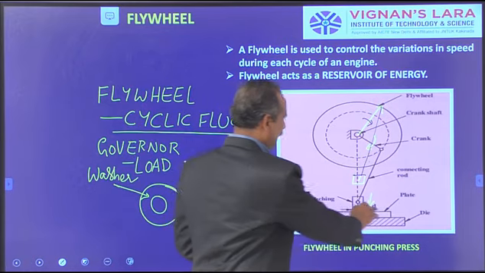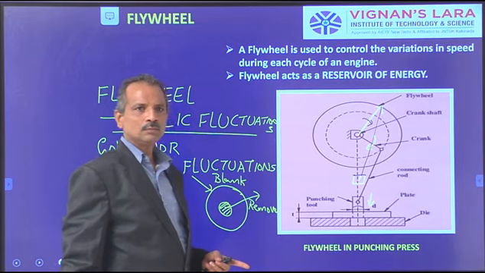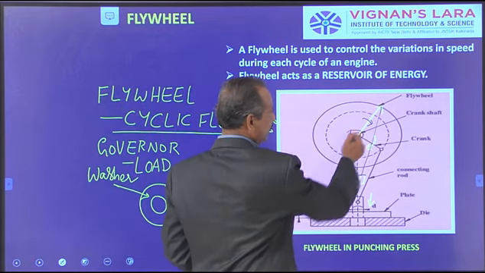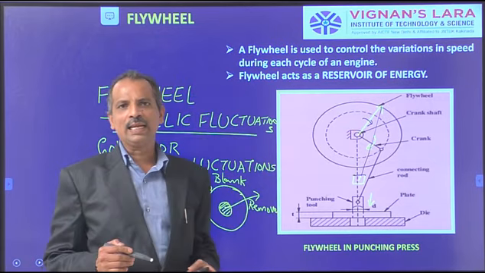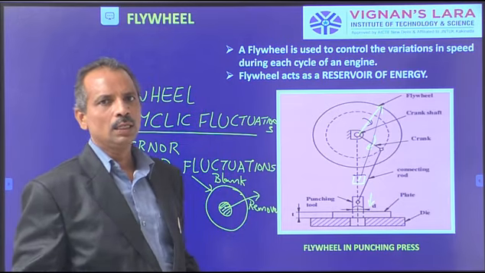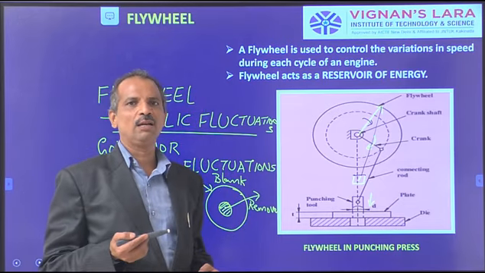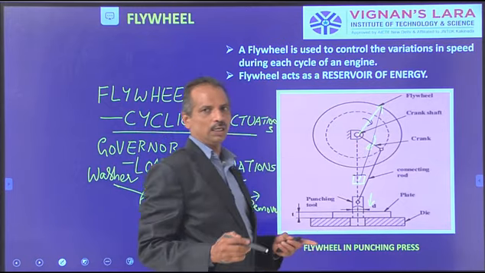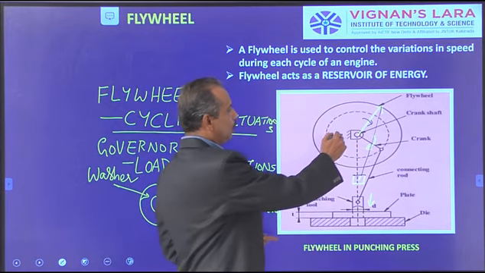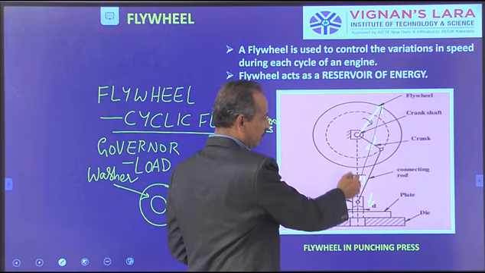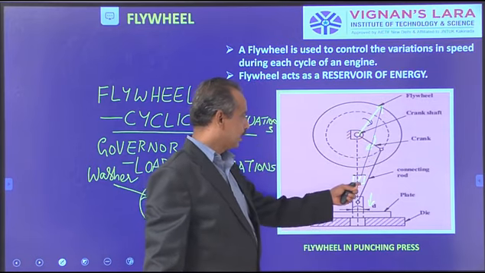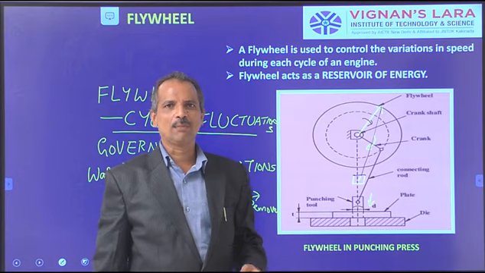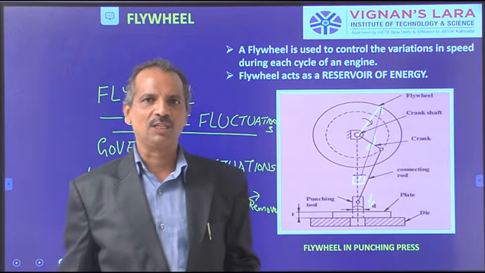Then I am not striking my plate, but I am driving this crank, and the crank is connected to a motor, a constant power motor, which supplies power in a constant quantity. So at that time I don't require more power for my punch, because the punch is not doing any activity.